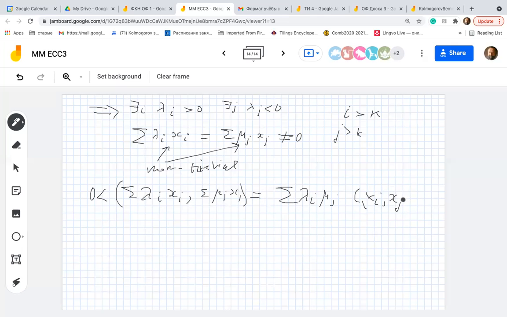And again, in the right-hand side, all the terms have the same sign, and this sign is negative or zero, because lambda i is positive, mu j is positive, and the inner product is non-positive. So we obtain again a contradiction that 0 is less than 0. So we have shown that the remaining vectors are linearly independent, and hence their number is at most m. And so the total number of our vectors is at most 2m. And we are finished.